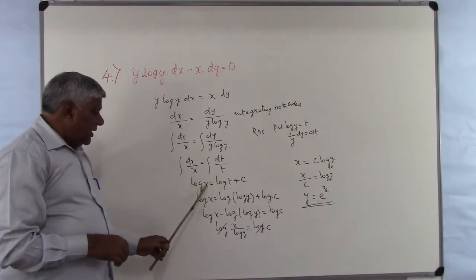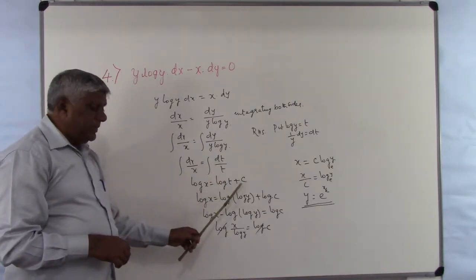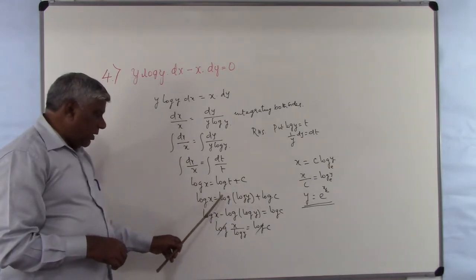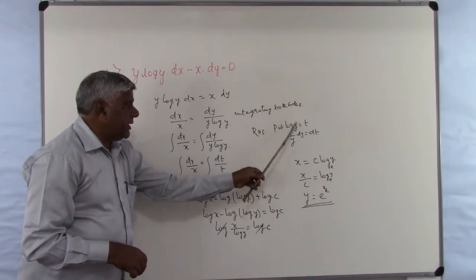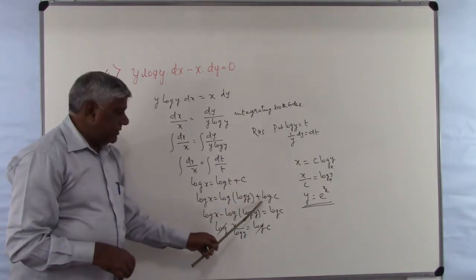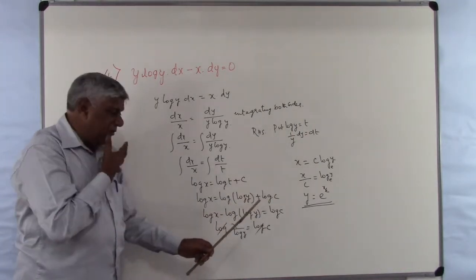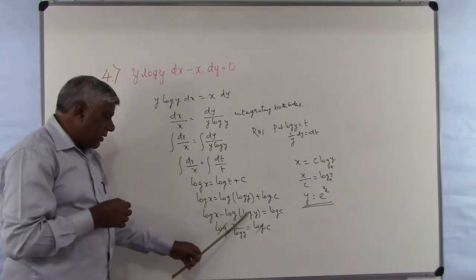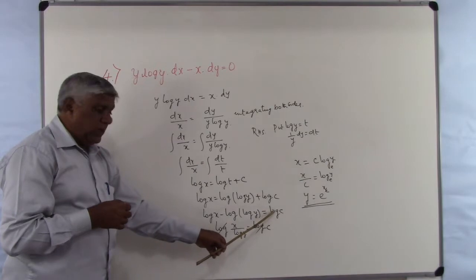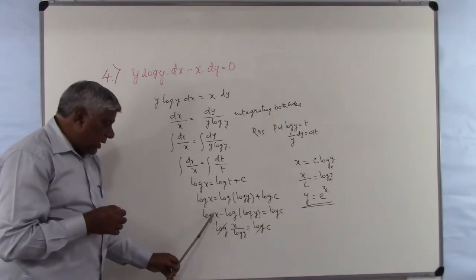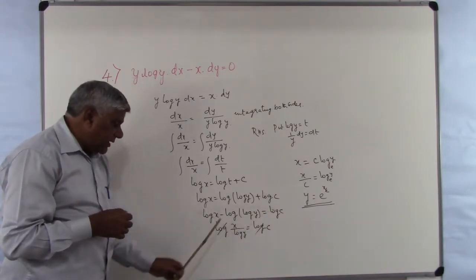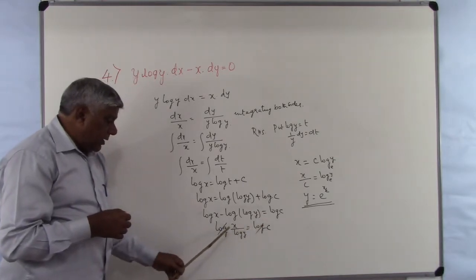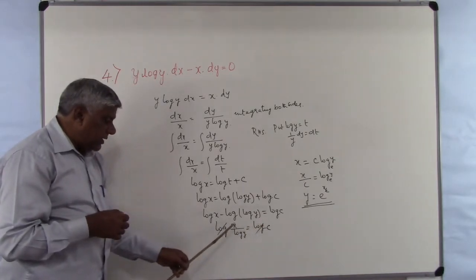So this is log x is equal to log t plus c, or log x is equal to log of t, which we have kept here, log y plus log c. Instead of c we can write log c. Absolutely no problem. So log x minus log of log y is equal to log c. Here you can see log m minus log n is log m by n is equal to log c, or this log and this log get cancelled.